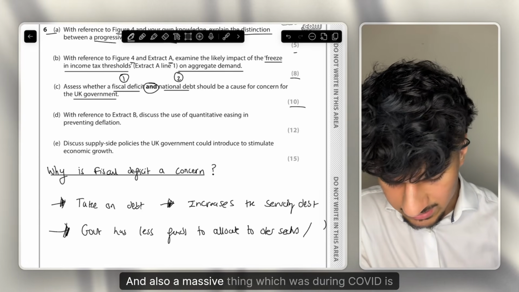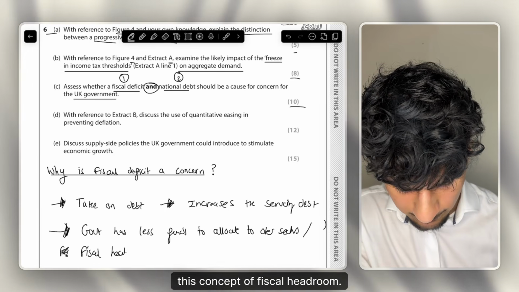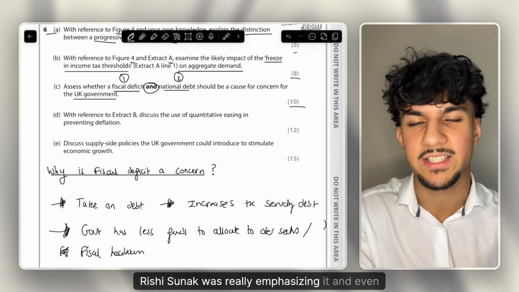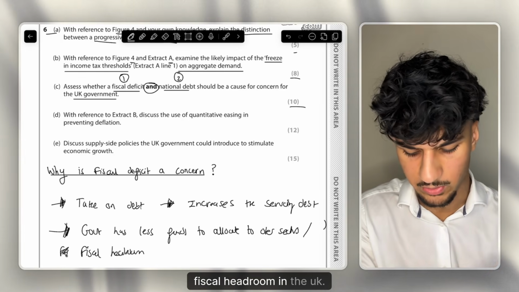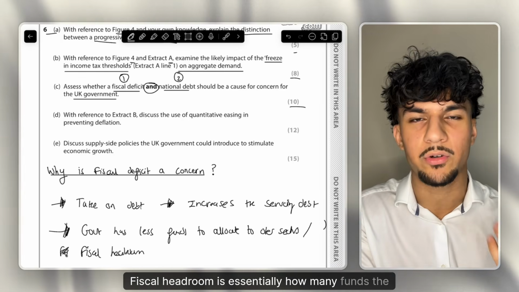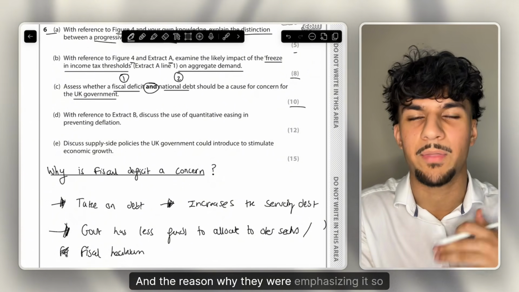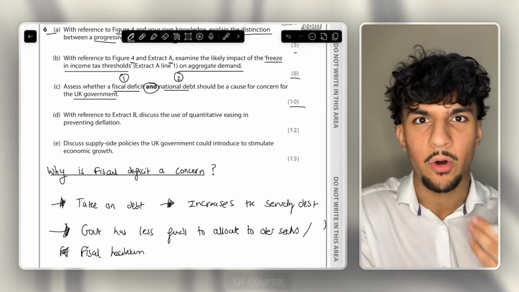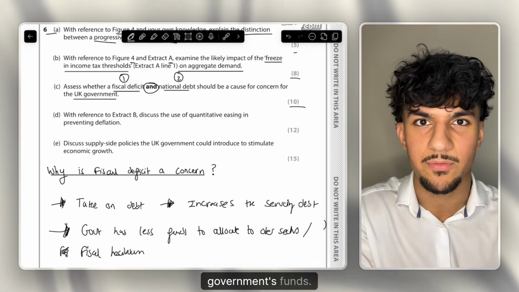And also, a massive thing during COVID is this concept of fiscal headroom. Rishi Sunak was really emphasising it, and even right now, the OBR are emphasising the lack of fiscal headroom in the UK. Fiscal headroom is essentially how many funds the government has to respond to an external shock. The reason they were emphasising it so much in COVID is that COVID was a massive external shock which wiped out lots of the government's funds.